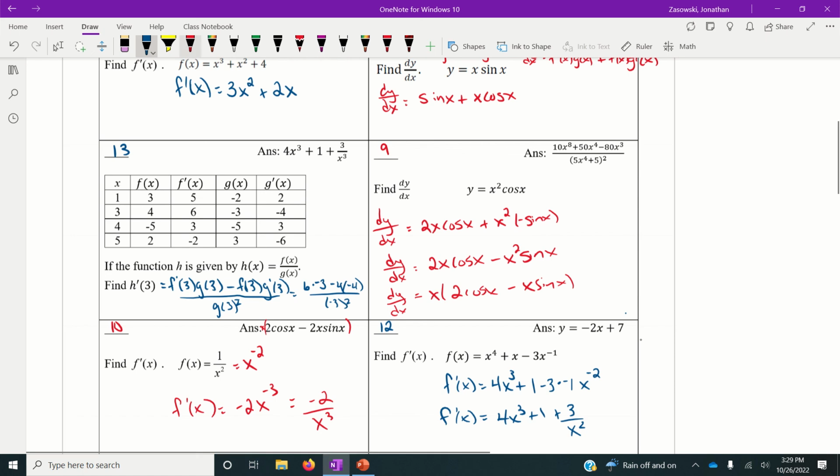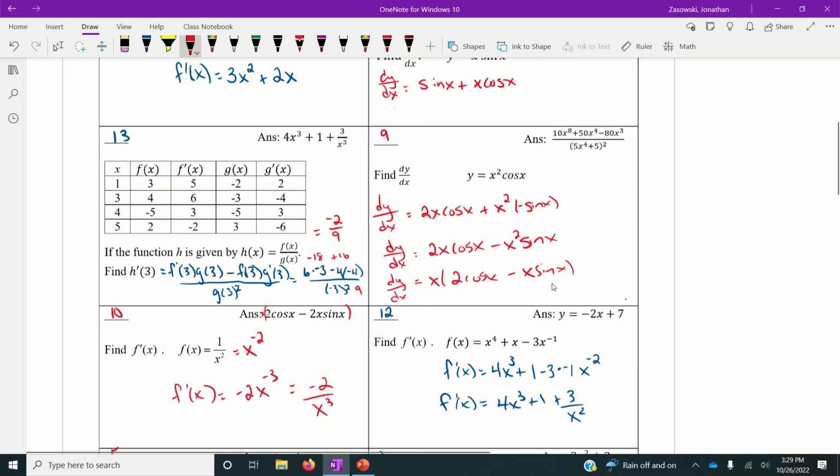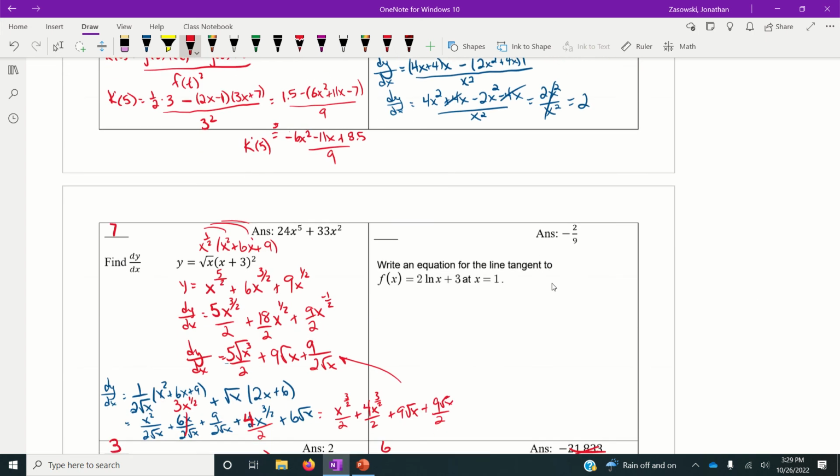So we're going to get, for the first part here, negative 18. We're going to get negative 4 times negative 4 is plus 16. And then negative 3 squared is 9. So for this final answer we get negative 18 plus 16, so that's negative 2 over 9. There's negative 2 over 9.